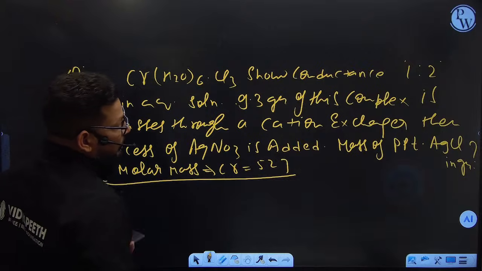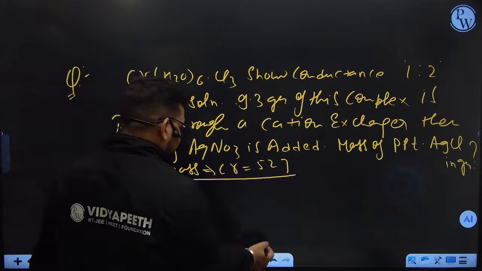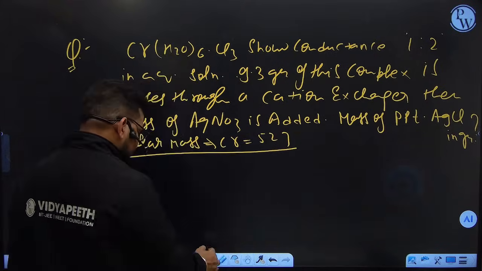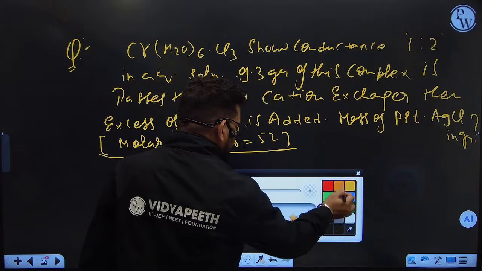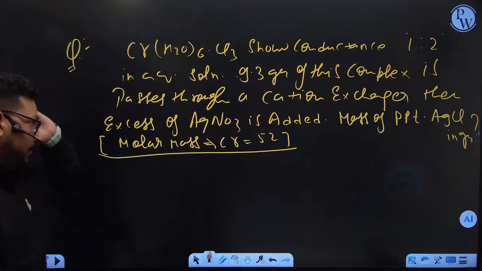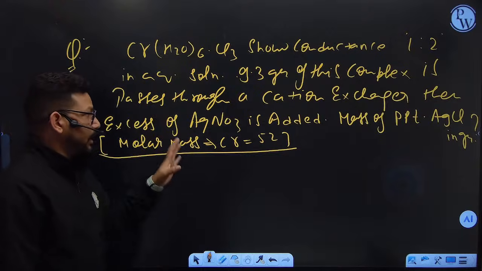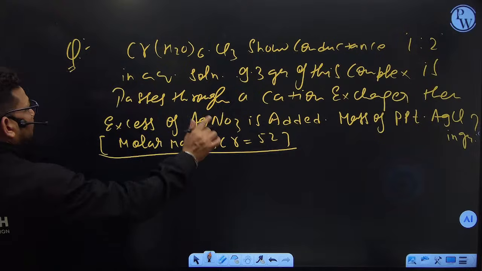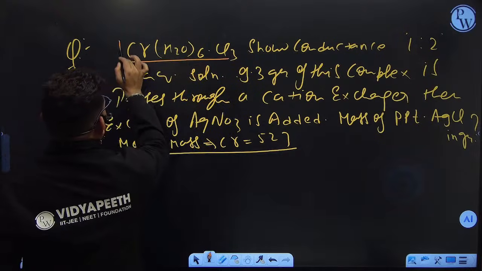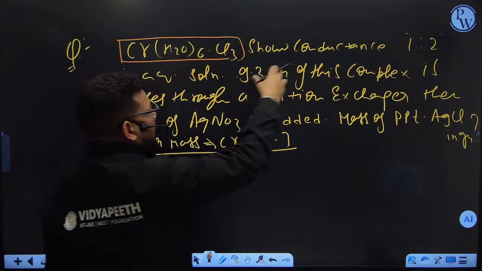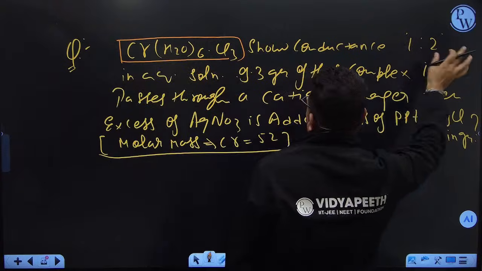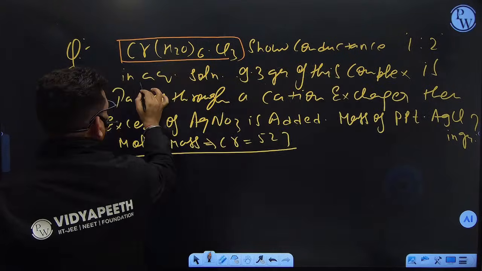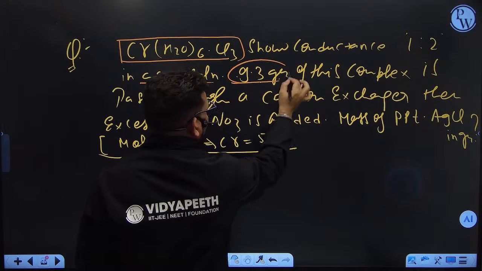Now how you are going to resolve this problem? This is one of the best questions in today's paper till now, where you have to think about the proper equations as well as the calculation part. So let's see. This is a complex, and this complex shows conductance in the ratio of 1:2 in aqueous solution, with 9.3 gram of this complex.